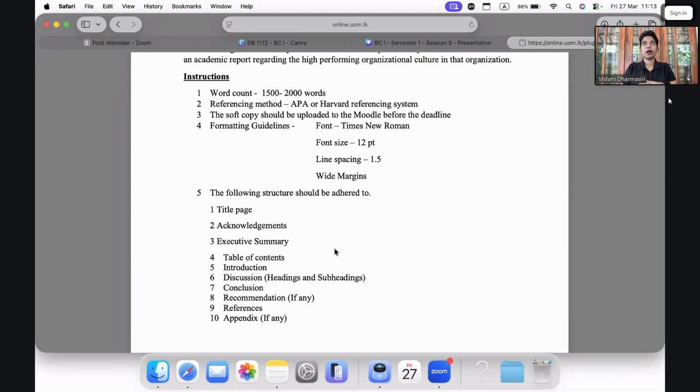For example, if someone else has done an organizational behavior study on another company, you can draw that in and say, organizational behavior theory has been used to explain the structure of, let's say, Singer or Keells, by this person.